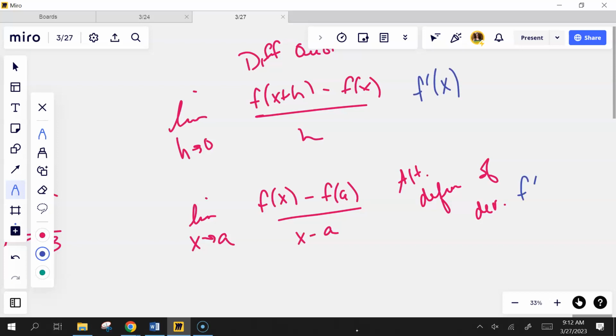This gives you derivative of f at point a. Did y'all plug it into that? Log x minus log 3 over x minus 3. Okay. Y'all just get this.